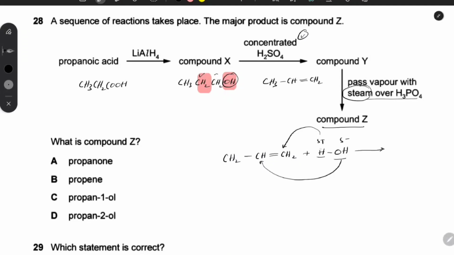That is why this hydrogen will attach with this CH2 and OH will attach with this second carbon, and as a result you will get this product.